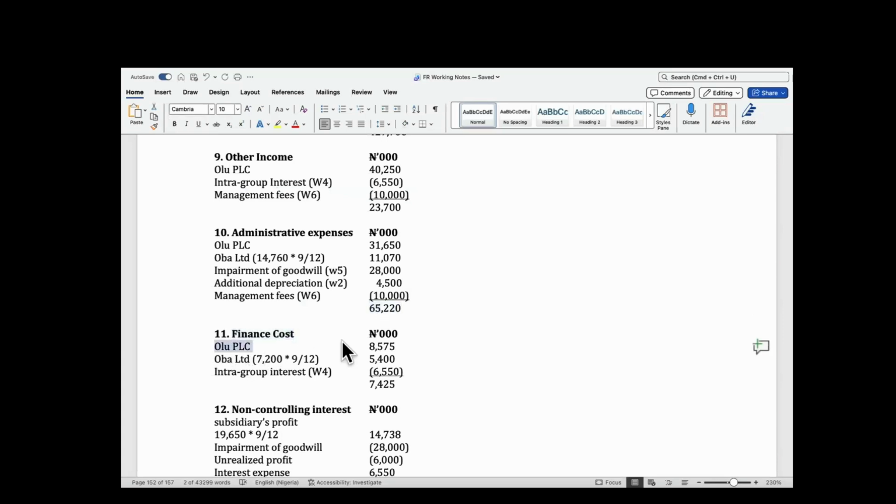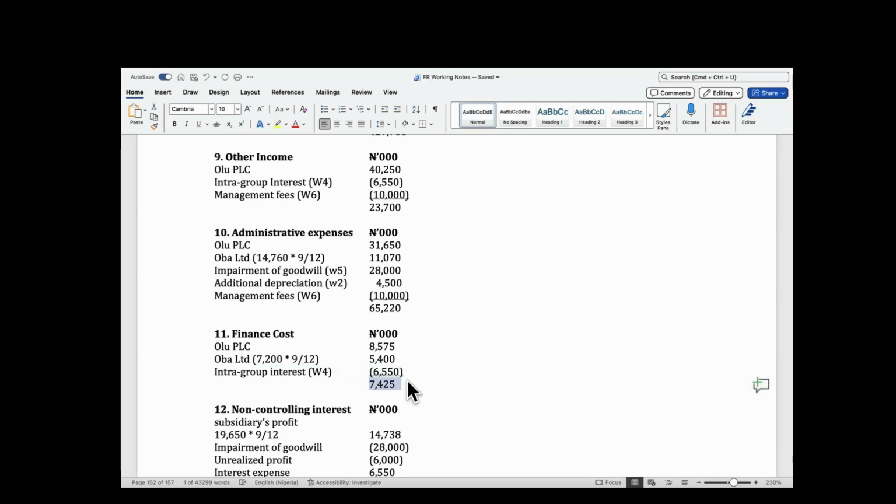Parent, 8,575, subsidiary, 9/12 of 72, brings us to this. The intra-group interest, we eliminated it, the income part, the expense part will be eliminated from here. So 6,550. So we have a balance of 7,425 that we are going to consolidate. And that is all.